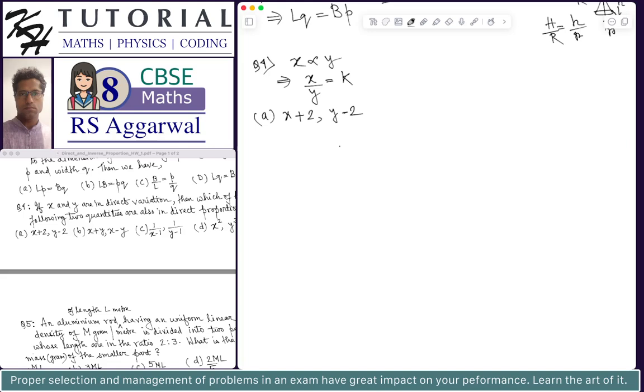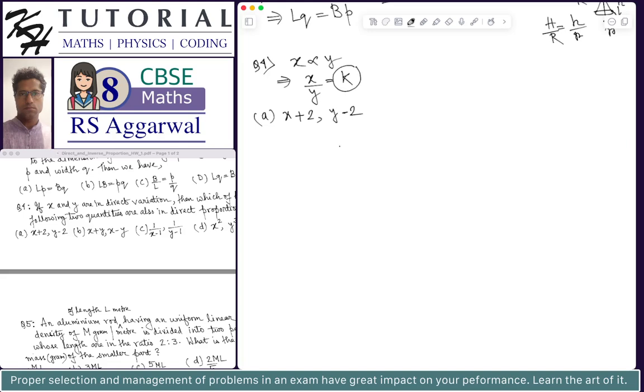Now, since we know that the quantities x and y are in direct variation, and x by y is k, if x plus 2 and y minus 2 are indeed in direct variation, then the ratio has to be expressed in terms of this k.